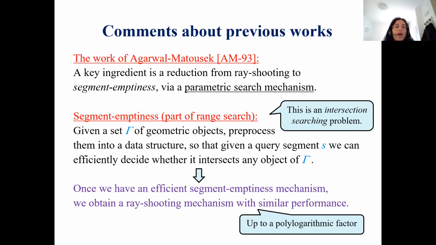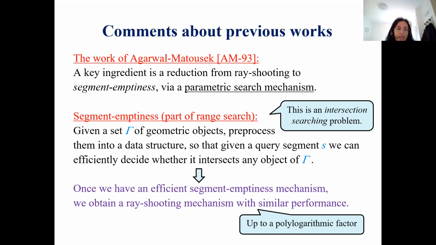The work of Agarwal and Matousek was one of the significant works at that time, which showed a reduction from ray shooting to segment emptiness, by a parametric search mechanism. It means that if you give me a data structure for segment emptiness, then with only a polylogarithmic term, we can construct a data structure for ray shooting.